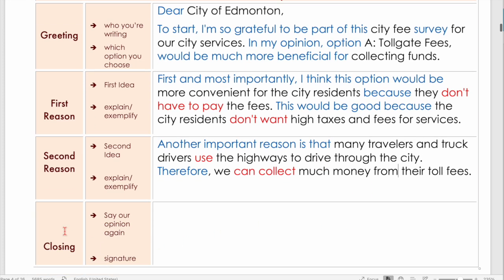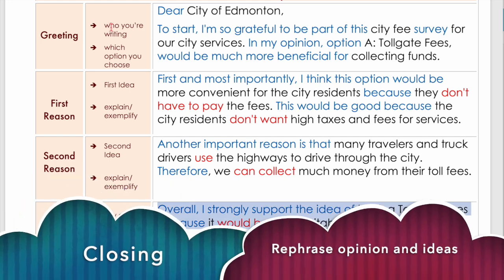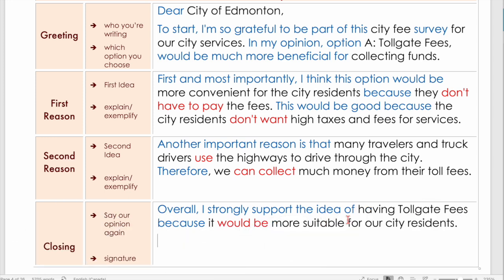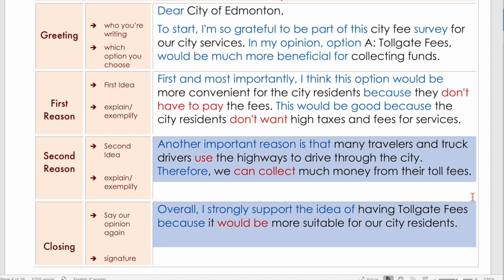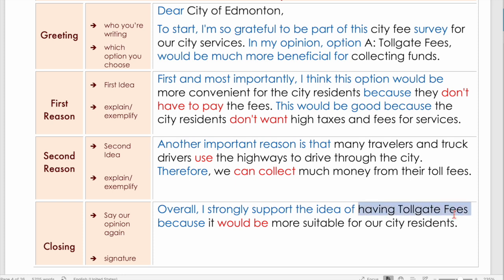Now we can get to the closing. Let's get to the closing. Say your opinion again. Overall, I strongly support the idea of having toll gate fees because it would be more suitable for our city residents. So, this one, we support this idea.